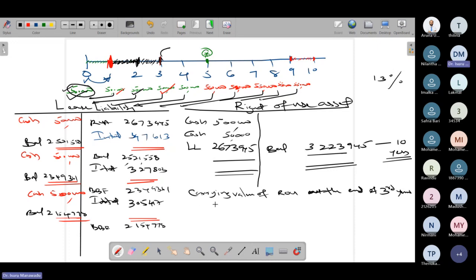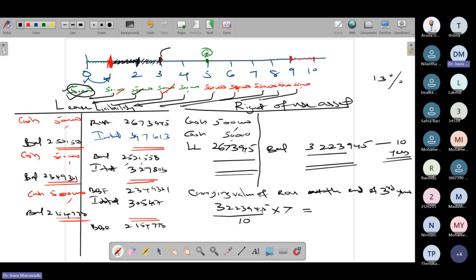The cost of the asset in the beginning, 3,223,945, should be divided by 10. Then if we depreciate 3 years, the balance useful life is 7 years, so you can multiply by 7.